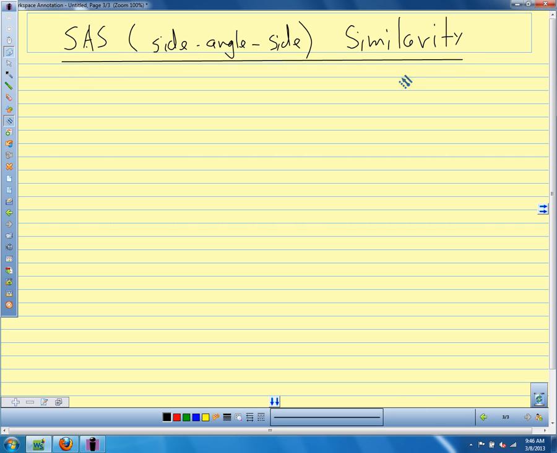So side angle side, again, is a little bit different than when we use side angle side for congruent triangles. We're going to say if two sides of one triangle are proportional to 2 sides of another.